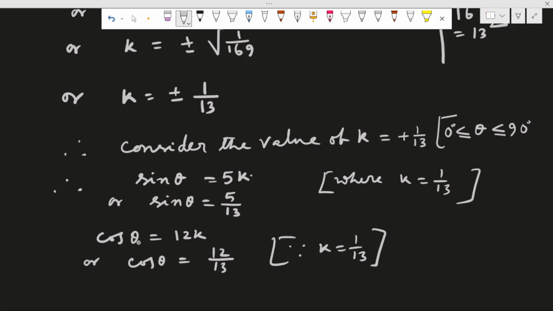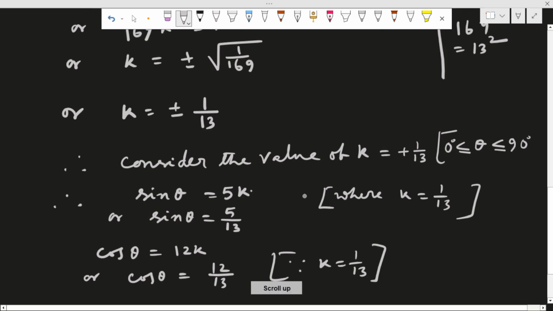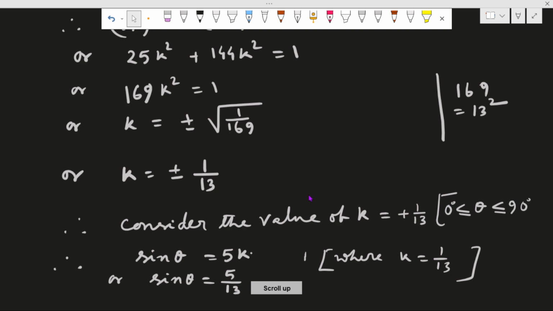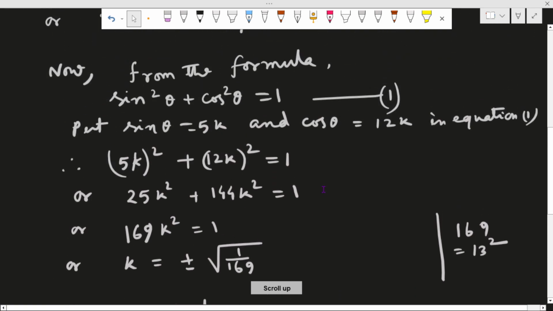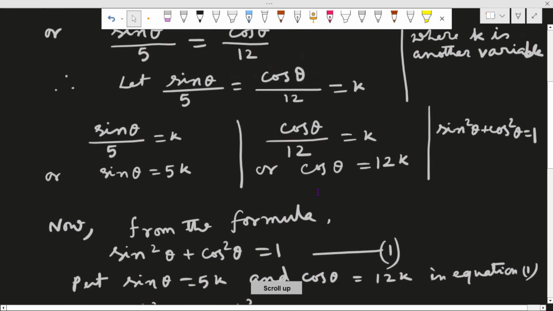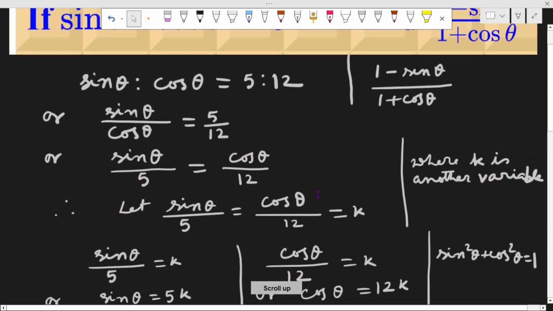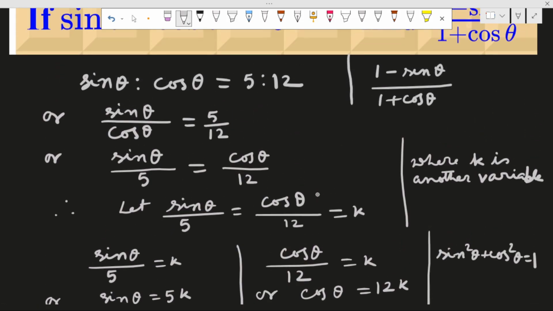Now we will find the value of the original expression. What is that? 1 minus sin theta by 1 plus cos theta.